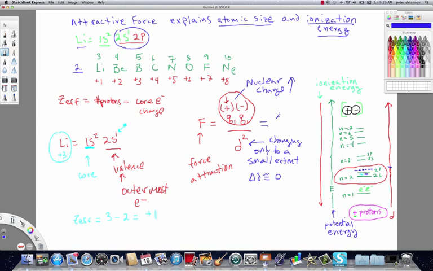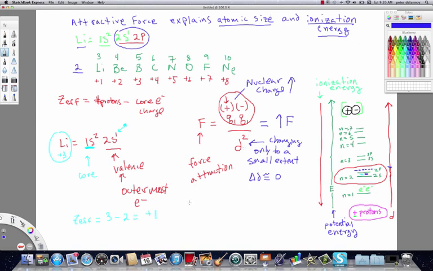The force of attraction is increasing dramatically as we go left to right across the table. The force of attraction for those outer electrons being attracted to the protons, because the nuclear charge is going up, the distance isn't really changing.